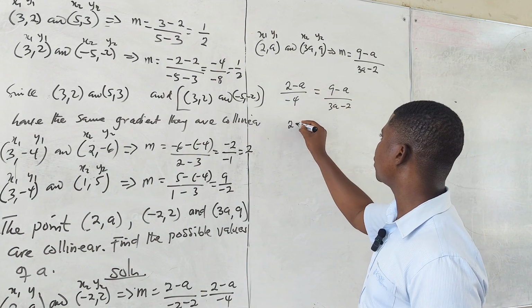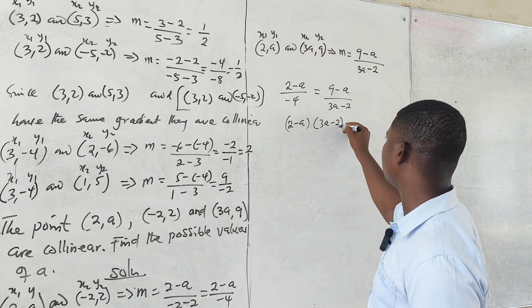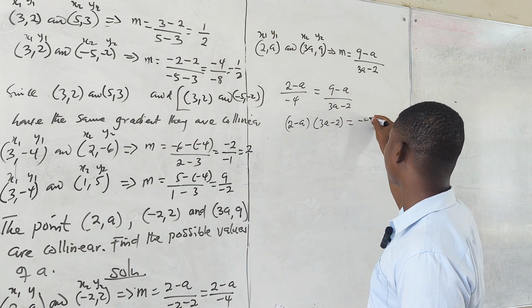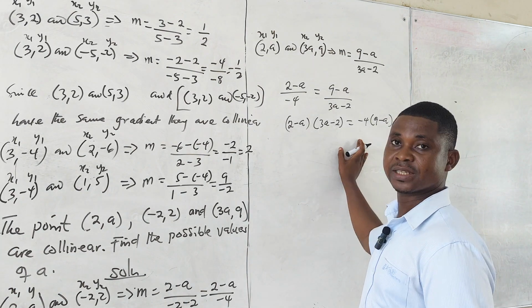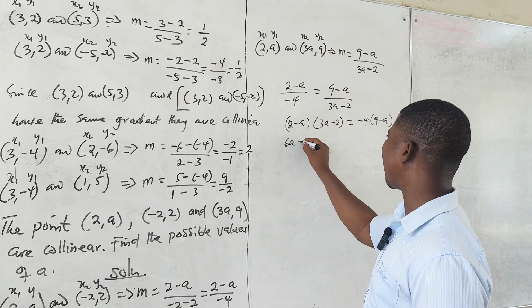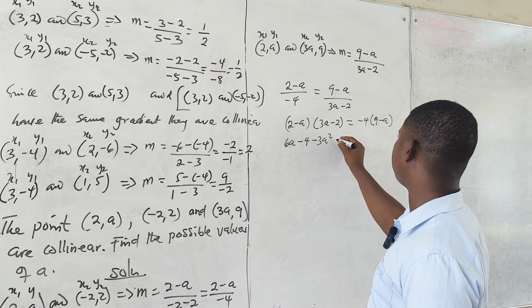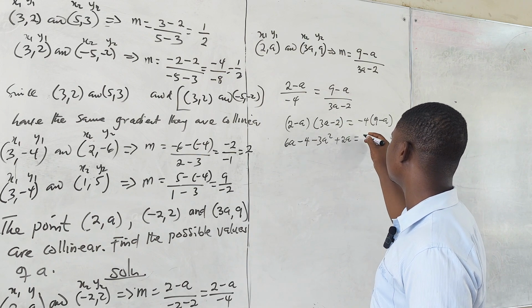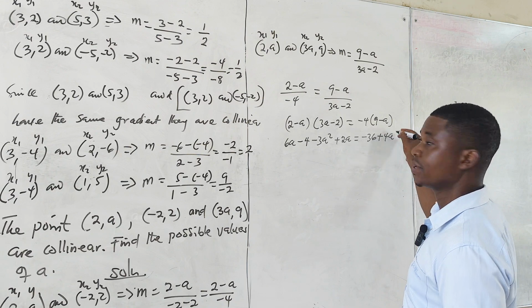So we have 2 minus a multiplying 3a minus 2 is equal to minus 4 multiplying 9 minus a. So we need to expand this. With the expansion, we have 6a minus 4 minus 3a squared plus 2a is equal to minus 36 plus 4a.